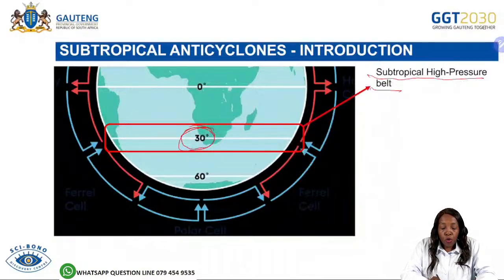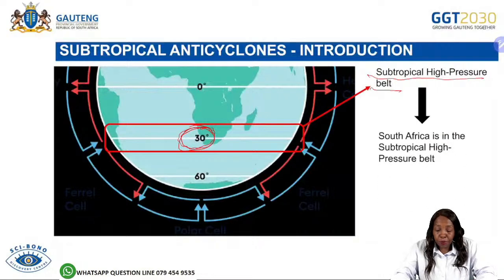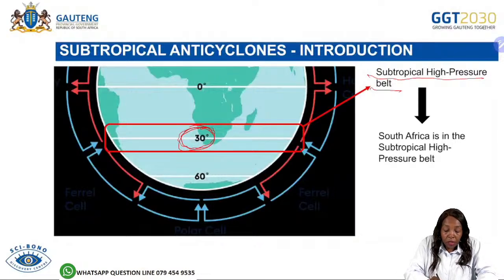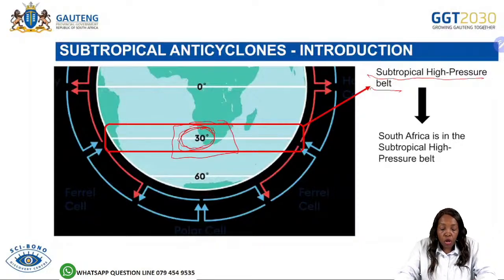And then also, when you look at where I am indicating this 30-degree latitude, look at the latitudinal position of South Africa. So South Africa is found within this 30-degree latitude. So South Africa is in the subtropical high pressure belt. Looking at the map that you can see here, we can see the position of South Africa. It is exactly within the subtropical high pressure belt.